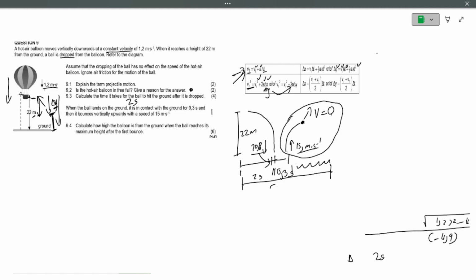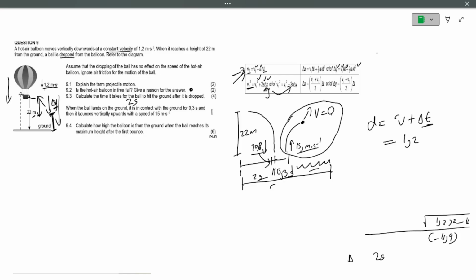If we get the time here, we'll add it to this one, and that will be the time for which we multiply speed times time to get the distance. The speed is already 1.2, so then we get the distance. So let's get the time here.